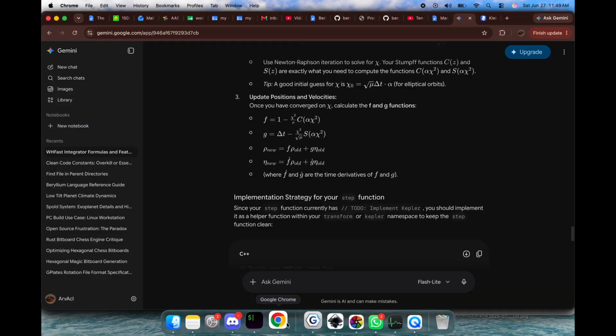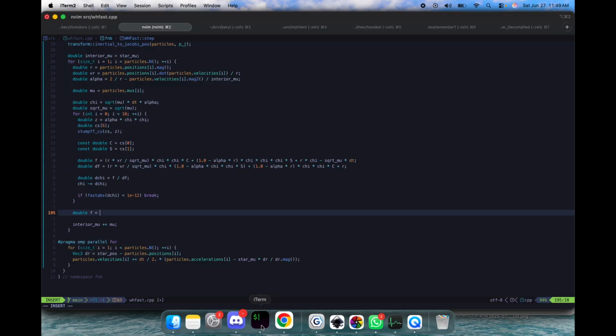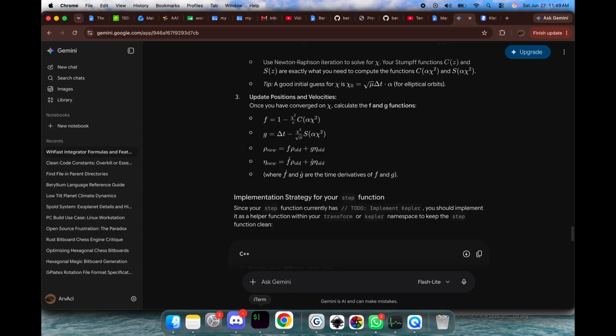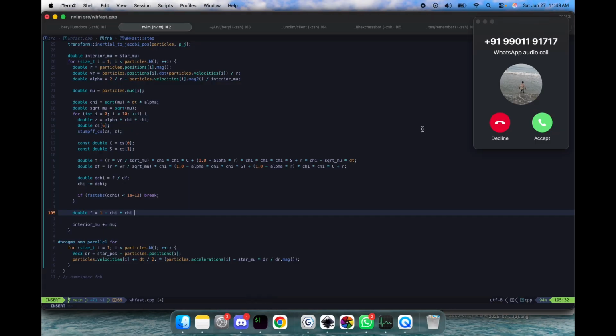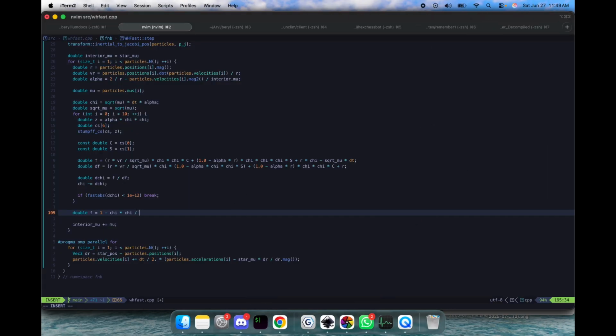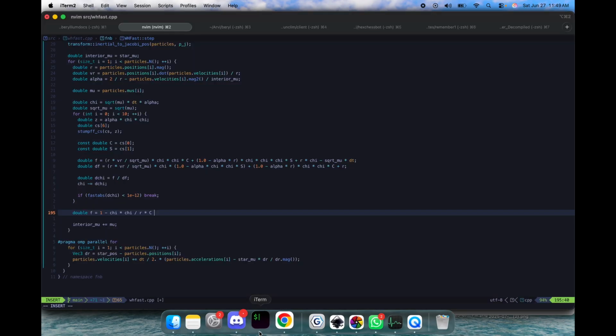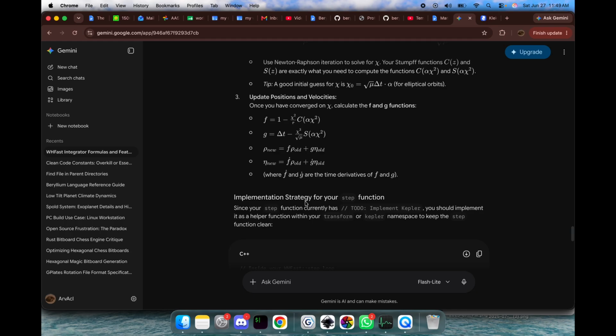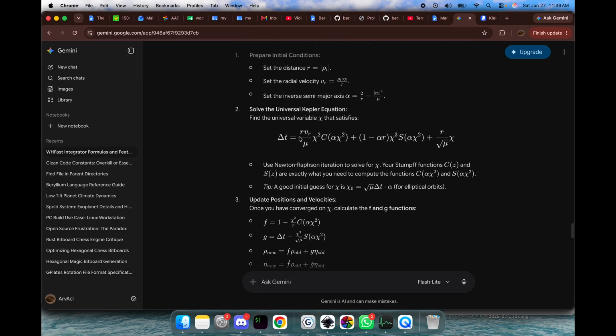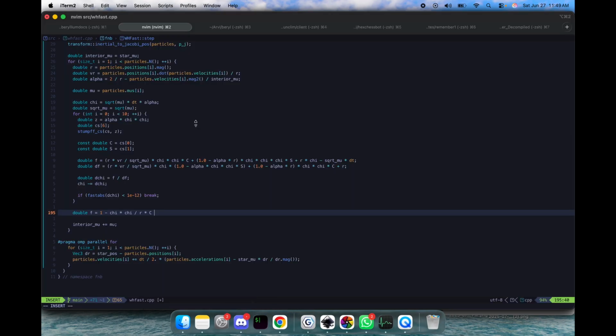Double F equals 1 minus chi times chi divided by R, I think, times the C times the C of A. So that would be Stumpf CS.